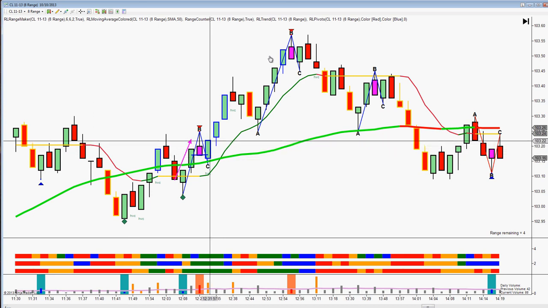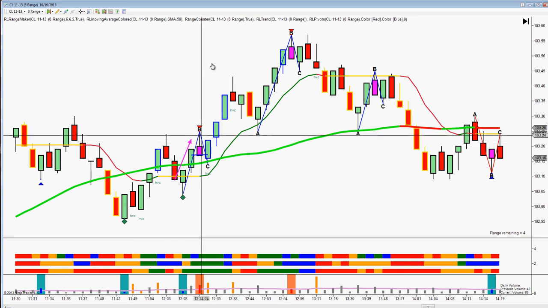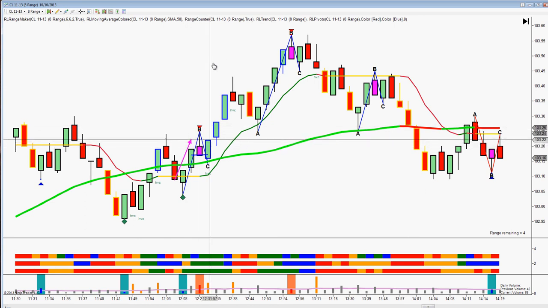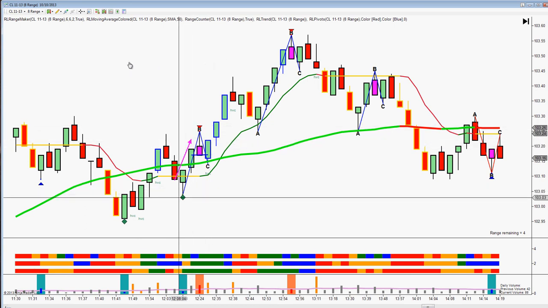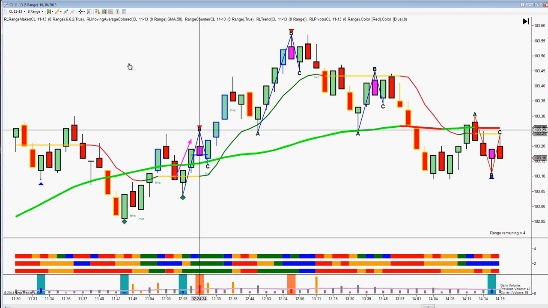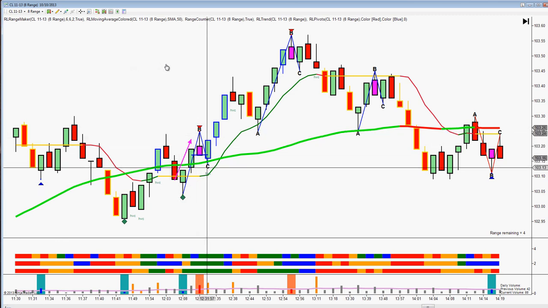Buyers come in, and they don't just come in, but they come in strong. And they serve to push the market to the upside. Now the A is printed, the B is printed, and then as this candle forms, the C will flash. Now, you did hear a couple of buzzers, but I'm not a big fan of buzzers, bells, and whistles.